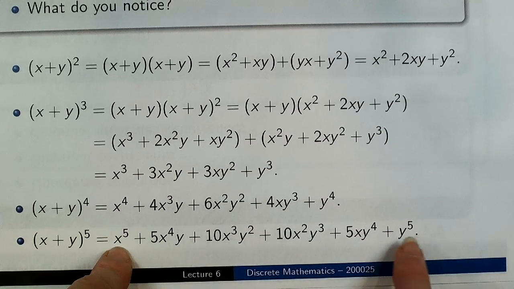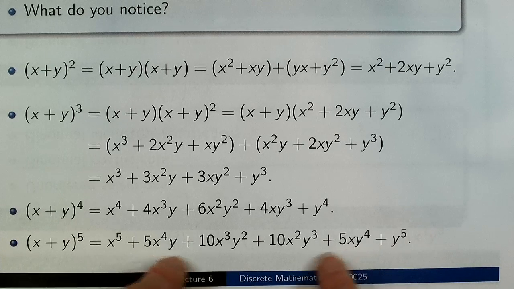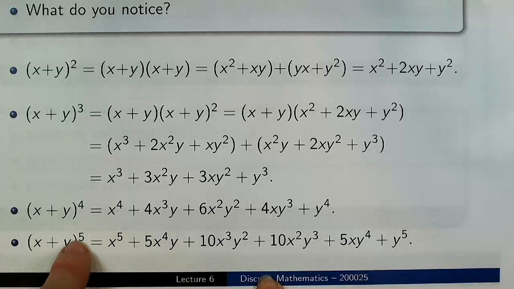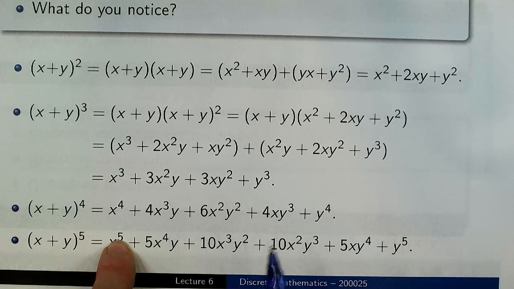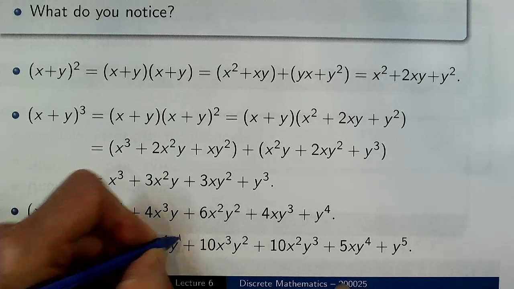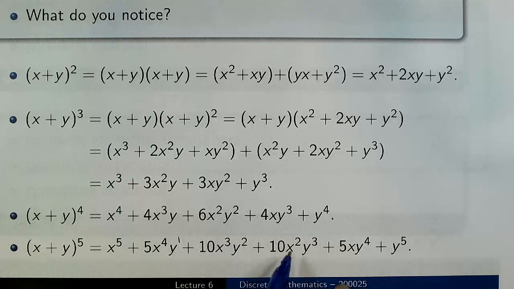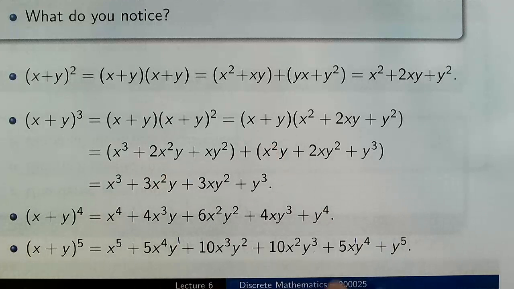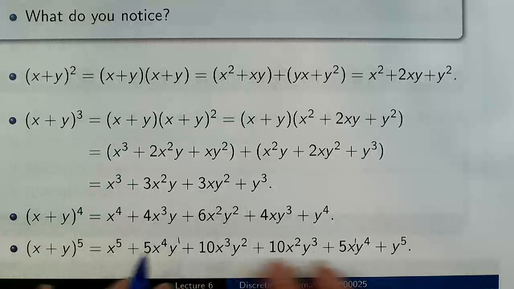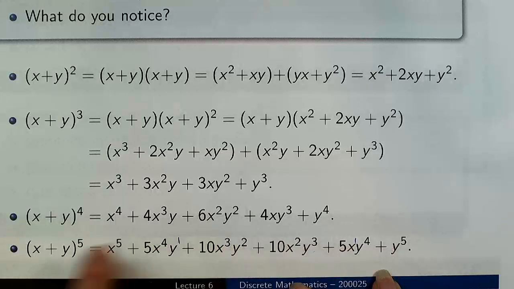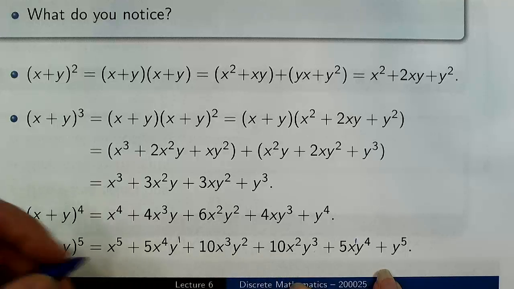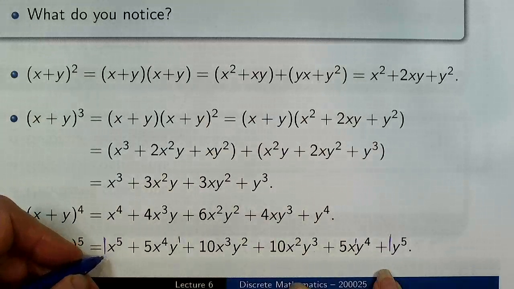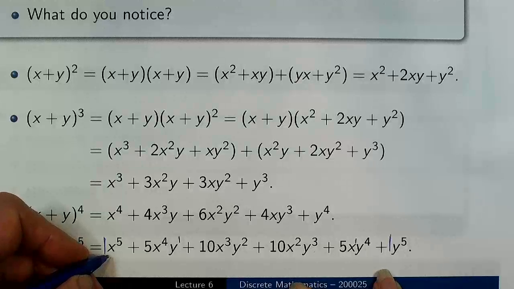You've got your x to the 5th, your y to the 5th, and then you've got every other possibility of x's and y's where the exponents, because it's the 5th here, in each case add up to 5. 4 plus 1 is 5, 3 plus 2 is 5, 2 plus 3, 1 plus 4 is 5. Same with n. The exponents all add up to 5, and then you've got these various numbers in front. That's a 1, because x to the 5th is just 1 times x to the 5th.